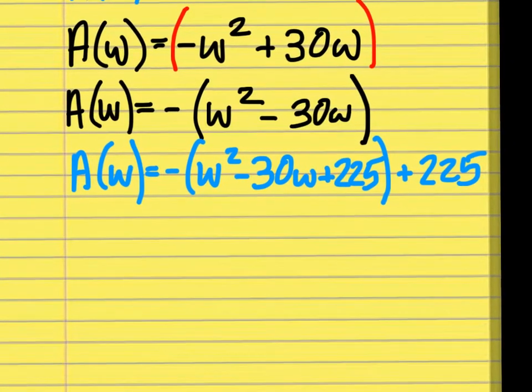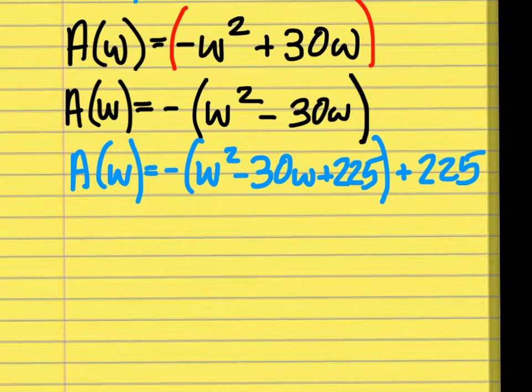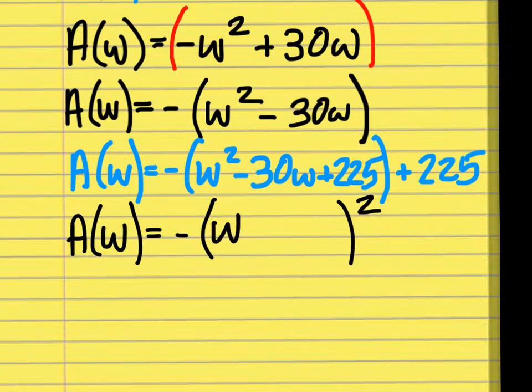Now put it in the vertex form. So we have A of W equals the negative quantity squared of your variable, the sign from the middle, minus, half of 30 is 15, and then you still have your 225 outside. Does this form look familiar? It's the vertex form.